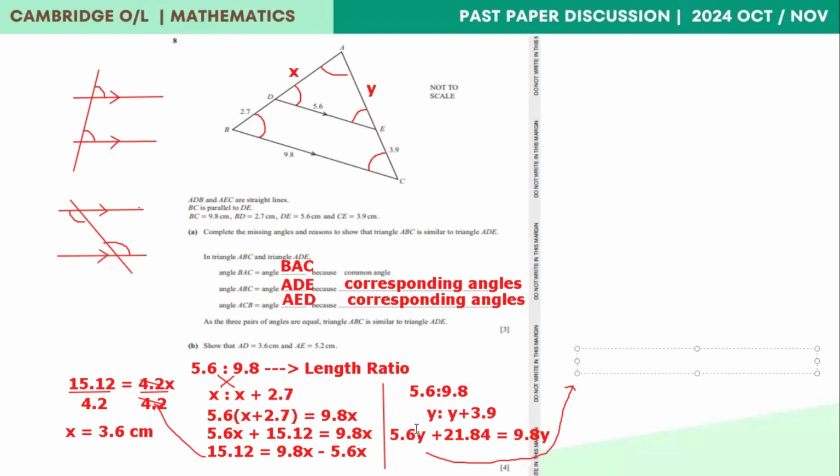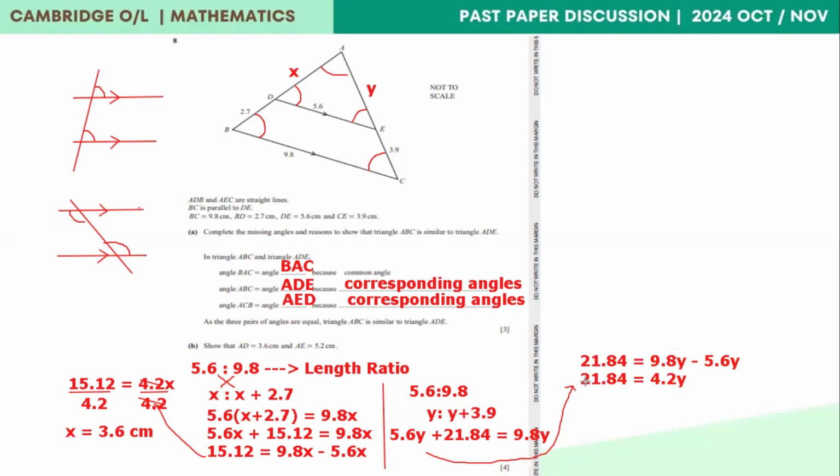Now we can move the 5.6Y to the right, so 21.84 is equal to 9.8Y minus 5.6Y, which is again 4.2Y.